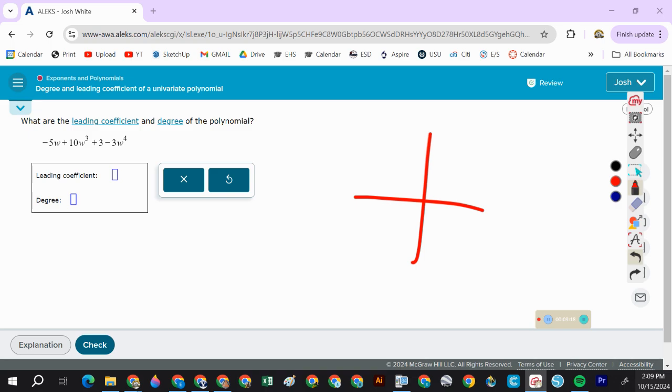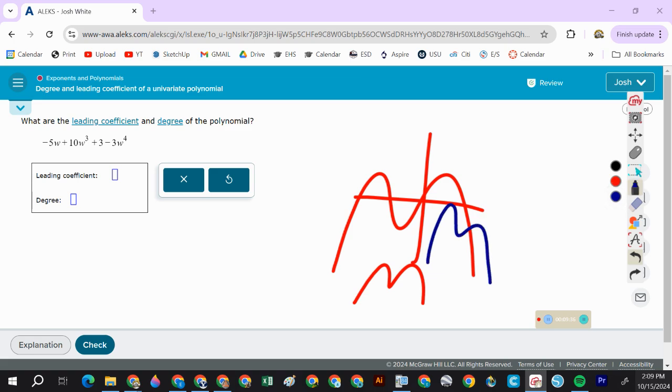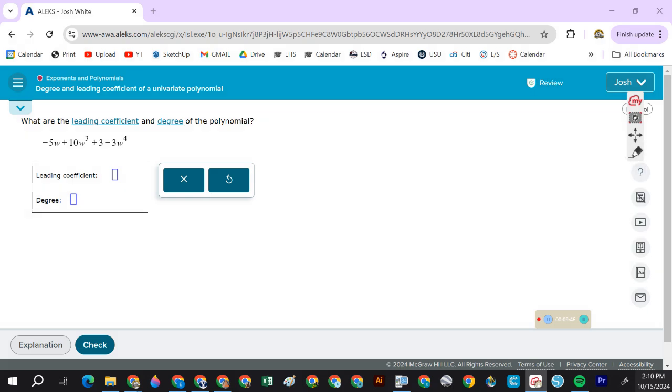It's even, so the ends have to go in the same direction, and it's negative, so this basic graph is going to be something like that. Now, it might miss the x-axis entirely, or it might hit the x-axis once, or maybe it hits the x-axis twice like that. We don't know. But I do know what the endpoints look like. Okay, seems like everybody understood that.